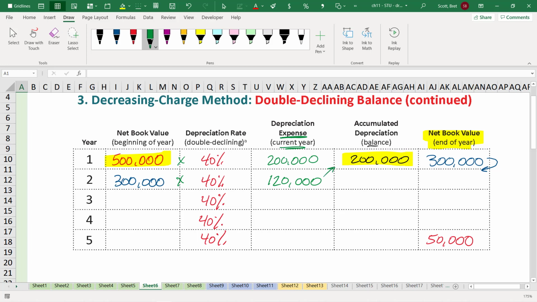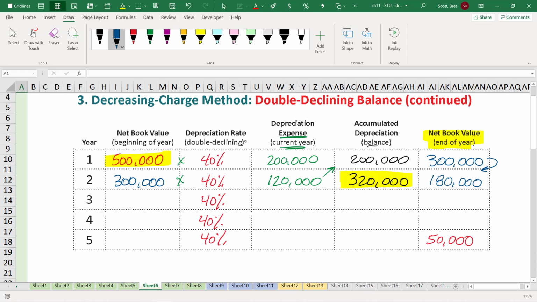And when you add that to the existing $200,000 balance, then the overall balance in accumulated depreciation is $320,000. Now, that is the new accumulated depreciation. So let's ignore that guy. 500,000 less the 320 in accumulated depreciation means I have a net book value of 180,000.